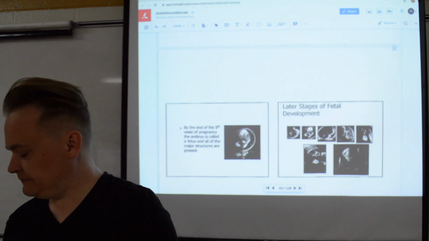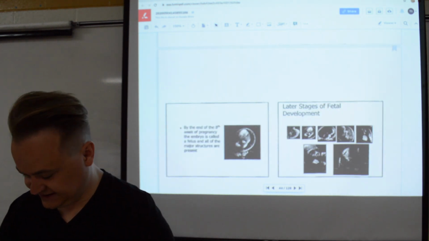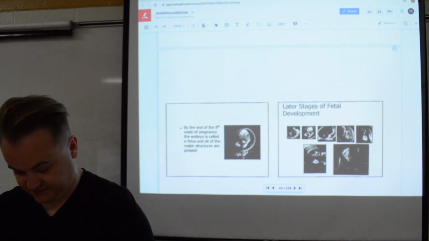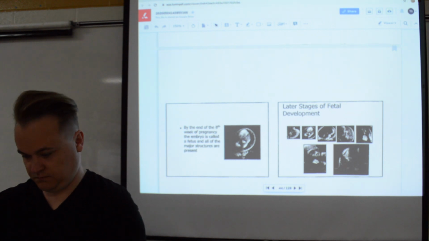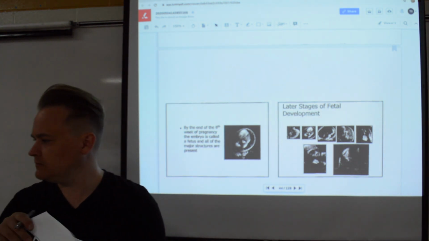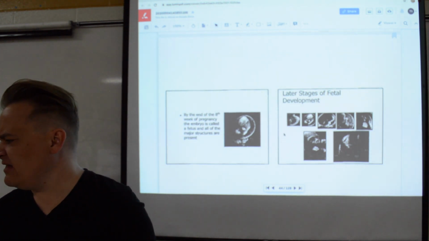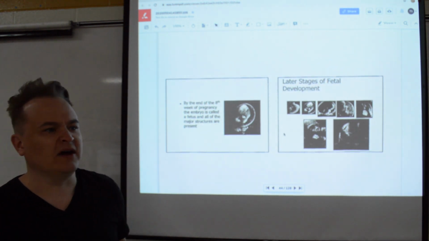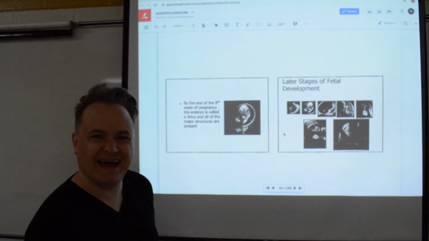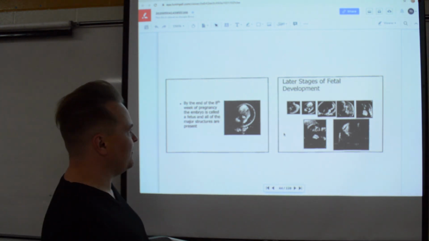Let's move on. What are some of the later stages of fetal development? By the end of the 8th week of pregnancy, an embryo is called a fetus, and the major structures are present. You can start to see head, arms, legs, bodies, brains are starting to develop, all kinds of things like this.